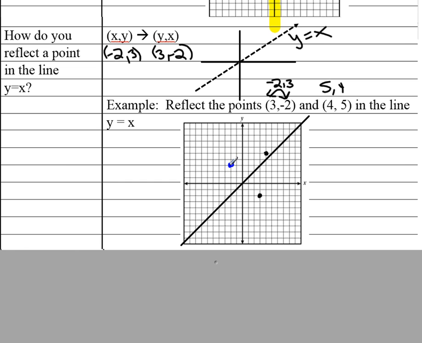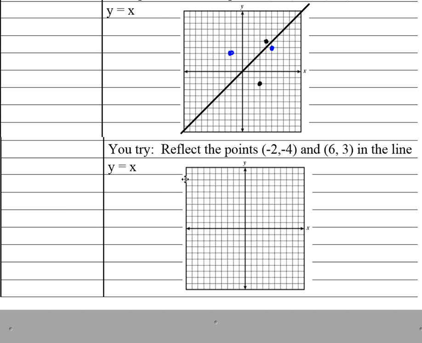So these points are reflected over the line y = x. Then I would go to my point 4, 5, and I would go to the right 5 this time, 1, 2, 3, 4, 5, and up 4, 1, 2, 3, 4. So the rule is if we're reflecting in the line y = x, then we flip-flop our position of x and y.